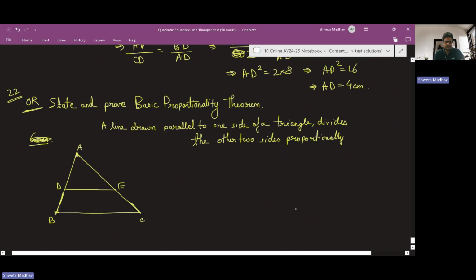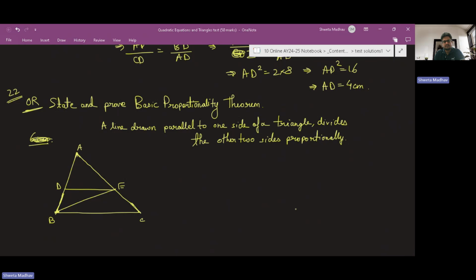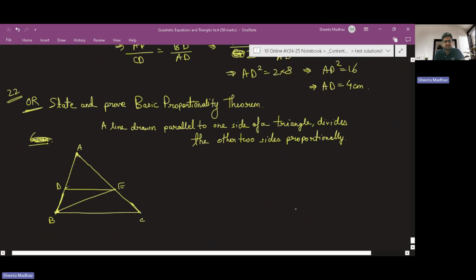So from D we draw one perpendicular on AB, and from E also we draw one perpendicular on AD.